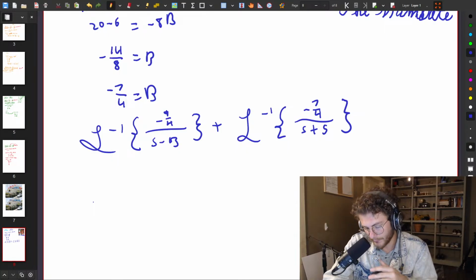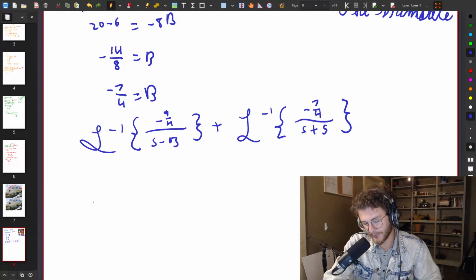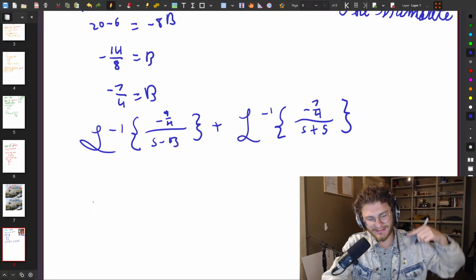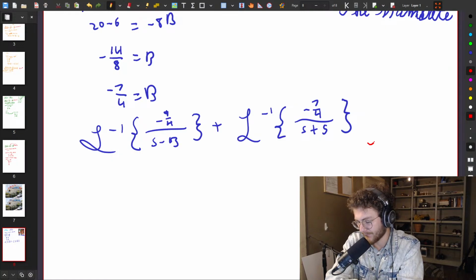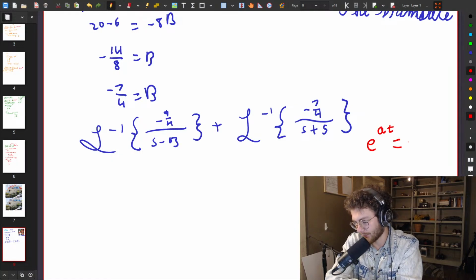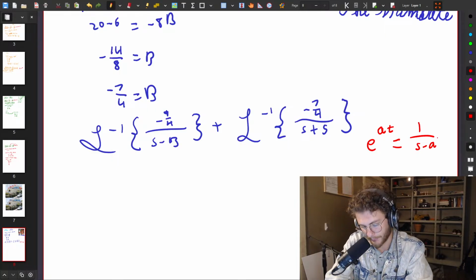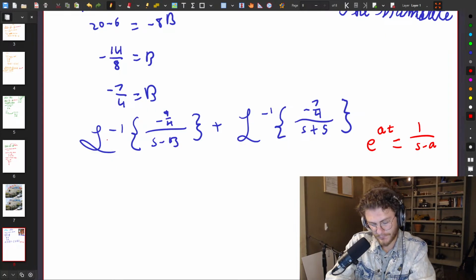So now we can simply pull that -9/4 and -7/4 outside of the inverse Laplace transform to get our general form for transforming: 1 over s minus a equals e to the at in normal coordinates. It's going to give us our answer pretty fast.